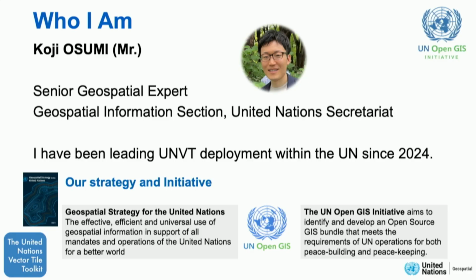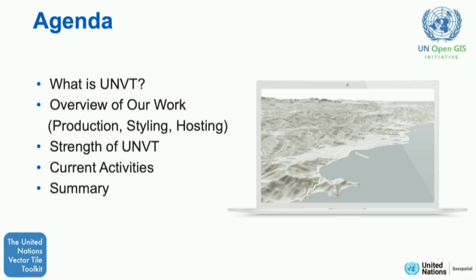Furthermore, the UN Open GIS Initiative aims to identify and develop an open source GIS bundle that meets the requirements of UN operations for both peace building and peacekeeping. Our work has been conducted under this strategy and initiative.